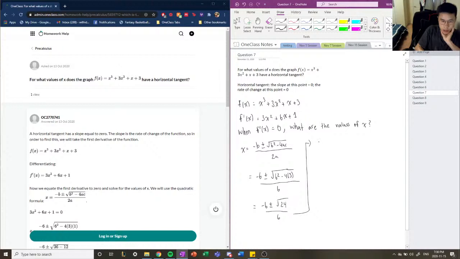And we can get rid of the 6, which is just -1 plus or minus square root of 24 can be written as 4 to, oh wait, we can't factor out the 6 yet. Let's just write this for now, plus or minus 4, 6, yep, divided by 6. So this can be written as -1 plus or minus 1 over 3 times root 6.